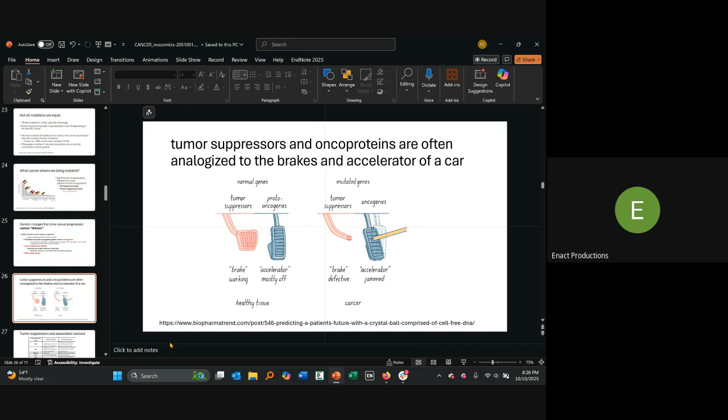So at all points for all cells that are going through this promoted cell division process, there has to be an off cascade, something that says no more. And so those would be a lot of the functions of the tumor suppressors, that braking action of preventing the cascade of signals that is doing the cell division.